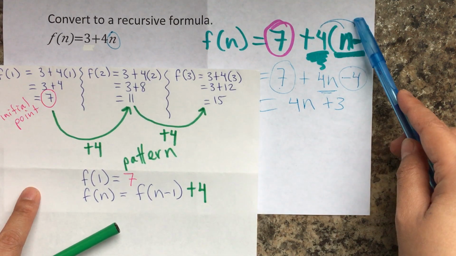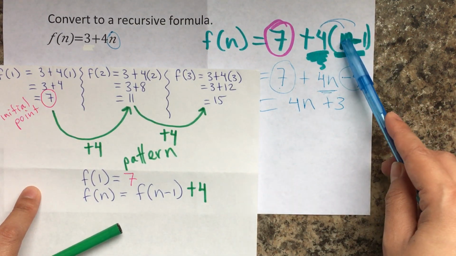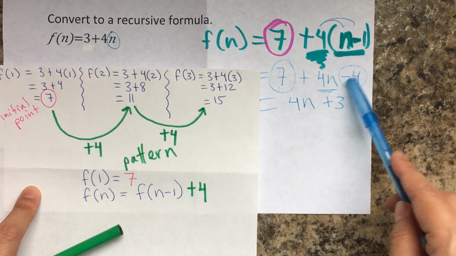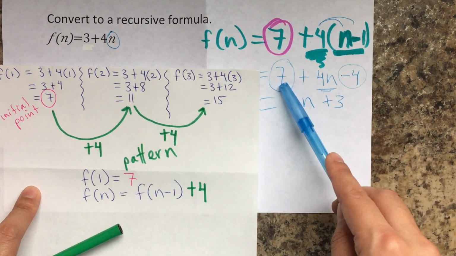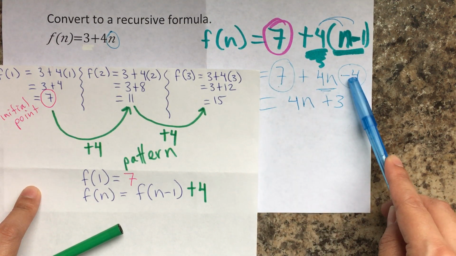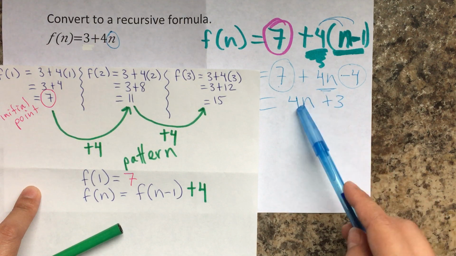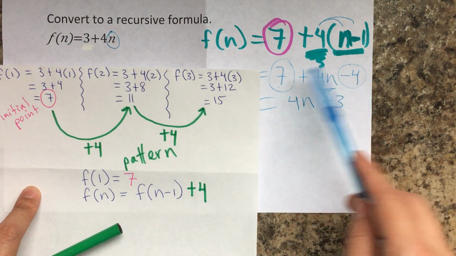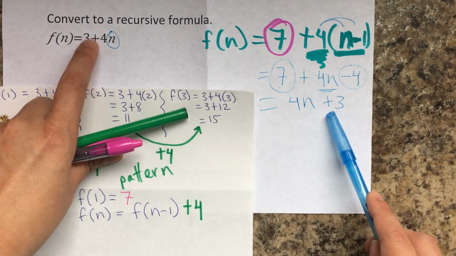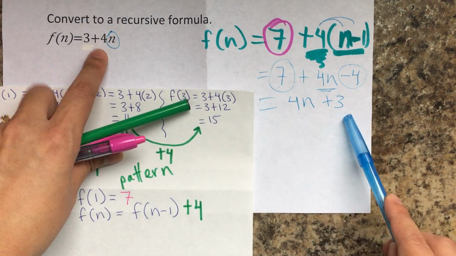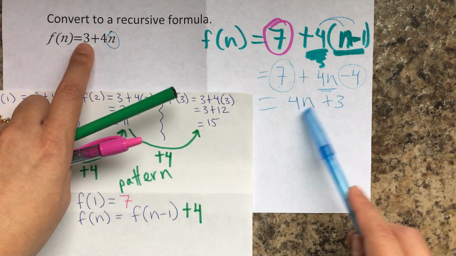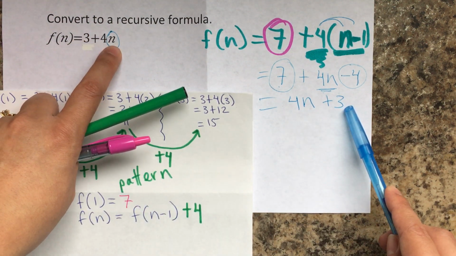If I do the distributive property, 4 times n is 4n, 4 times negative 1 is negative 4, bring down the 7, combine these two terms, and so I get 4n plus 3. I get 7 minus 4 is 3. Notice that this is exactly like this, simplified already. Well, kind of exactly. 4n plus 3 is the same as 3 plus 4n.